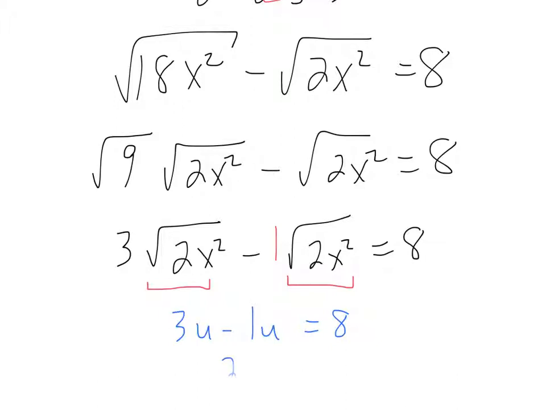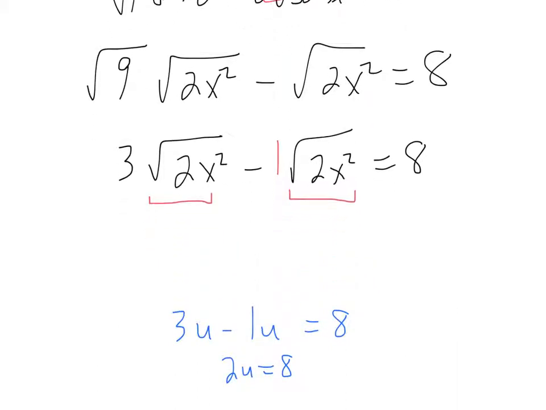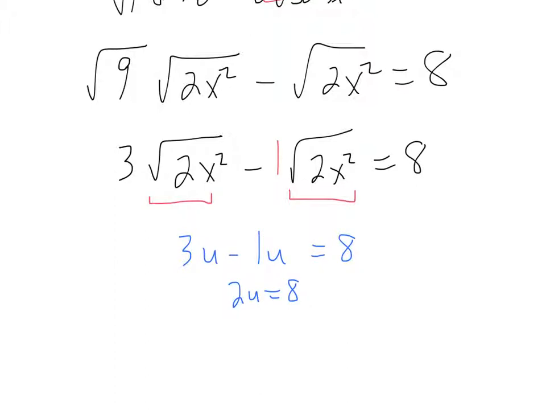This makes it 2u equals 8. But clearly it's not u that we were working with a minute ago. u is really radical 2x squared. Because I called this u earlier, I'm replacing u back with what it really is. The goal is not to solve the question for u, it was to figure out x. So 3 of these minus 1 of these gives us 2 of these.